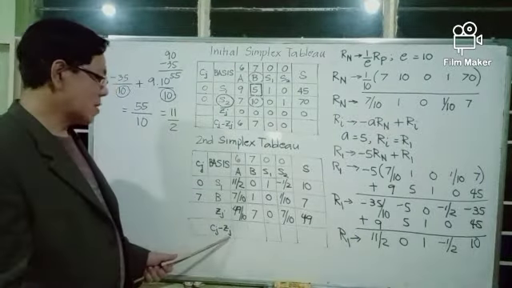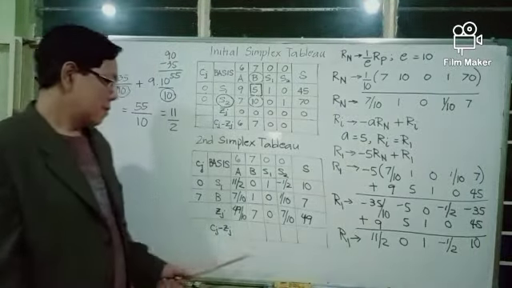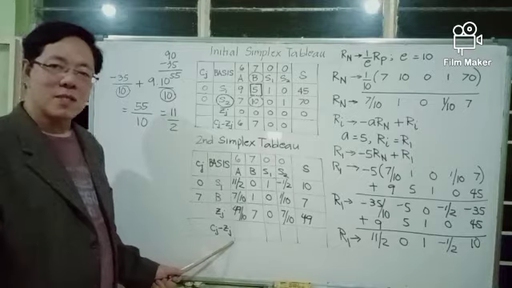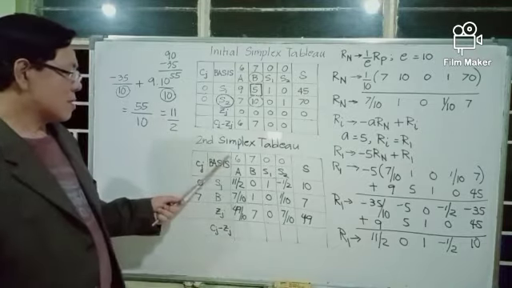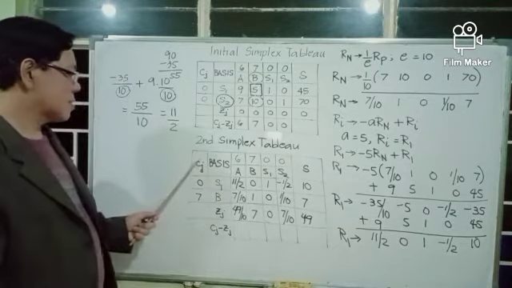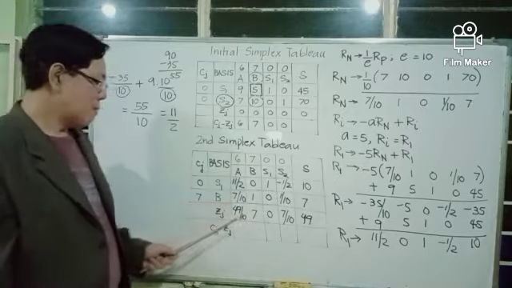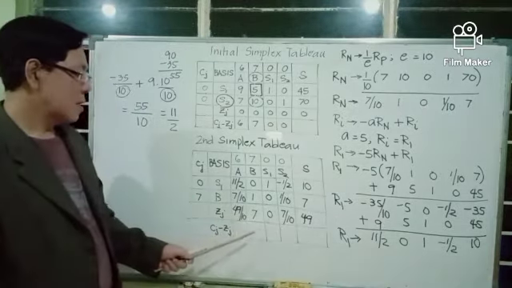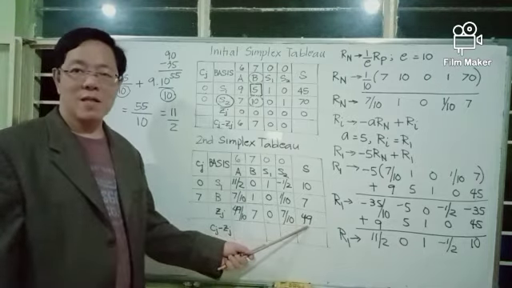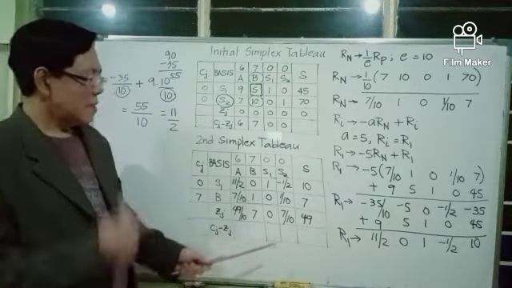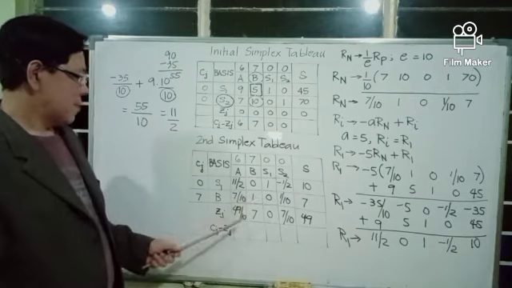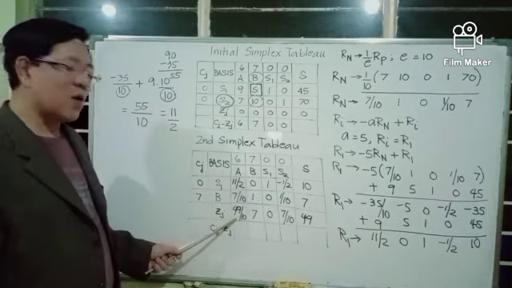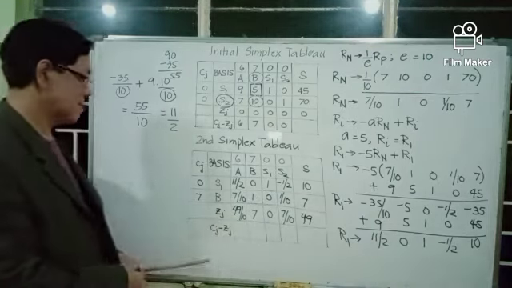Finally, the entries of the last row, C sub j minus Z sub j. This is the C sub j row minus Z sub j row. This 49 entry is not included. We have 6 minus 49 over 10.